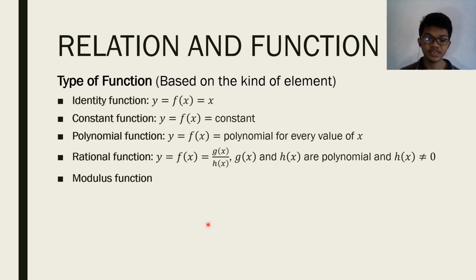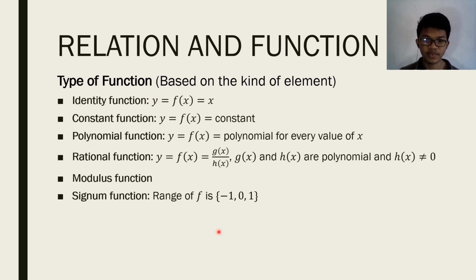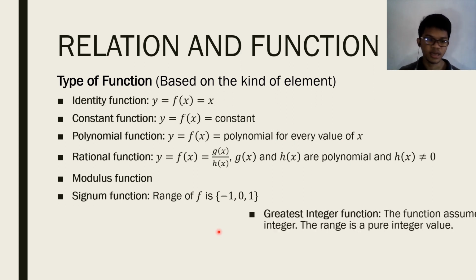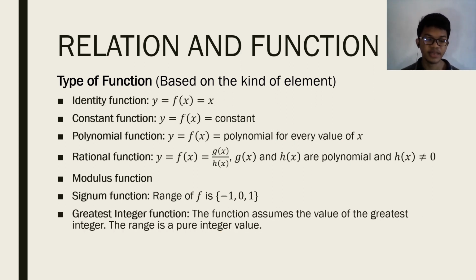The range of the function is the positive numbers plus the set of 0. The sixth is signum function. The range of f is negative 1, 0, and 1. And the last is greatest integer function. The function assumes the value of the greatest integer. The range is an integer value.